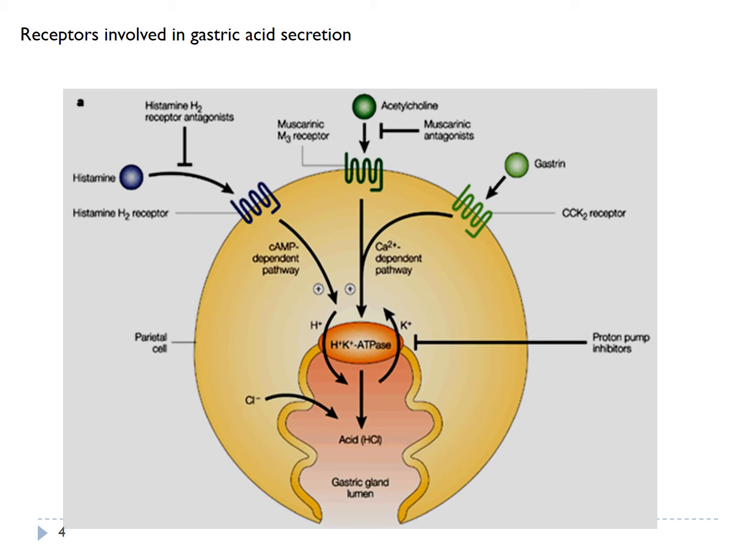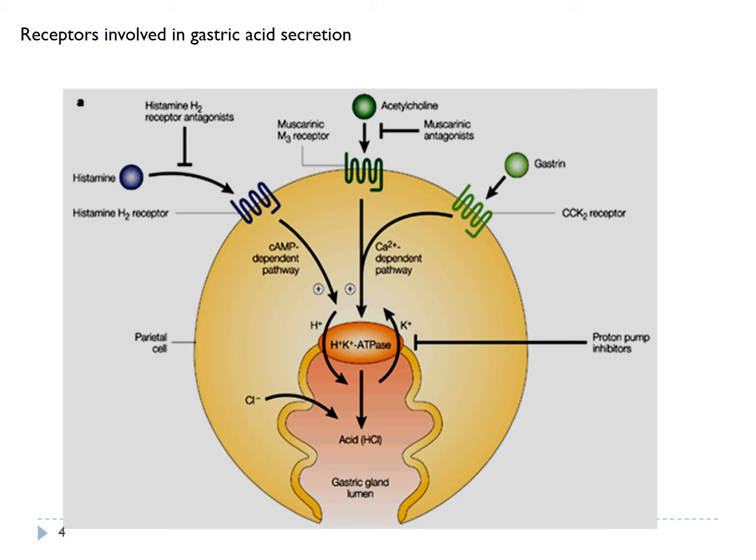Both muscarinic and CCK2 receptors are calcium ion channel dependent pathways. So, histamine, acetylcholine, and gastrin in turn activate the H plus K plus ATPase pump, which is the last step in the synthesis of gastric acid.